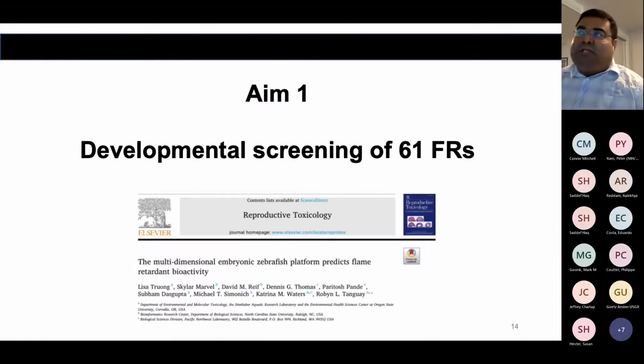So I'll talk about the first aim over the next couple of slides. This involves the developmental screening of the flame retardants, and this part of the project was mainly led by Dr. Lisa Truong in our lab.